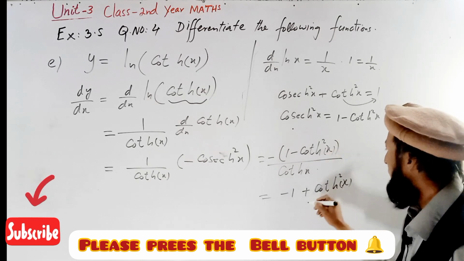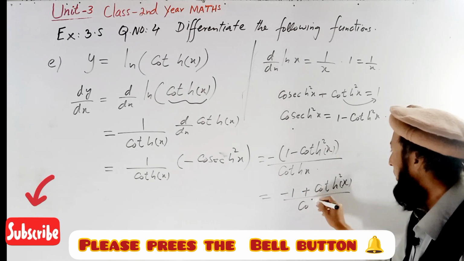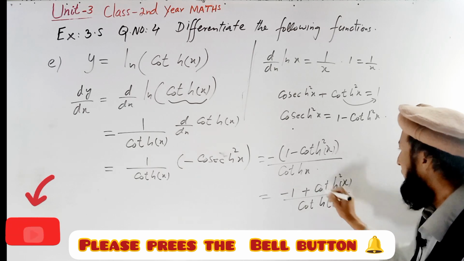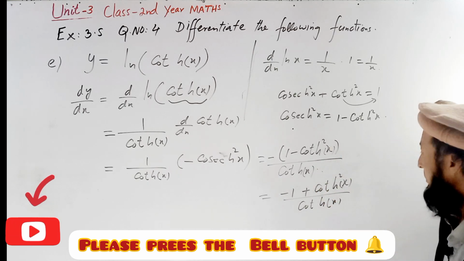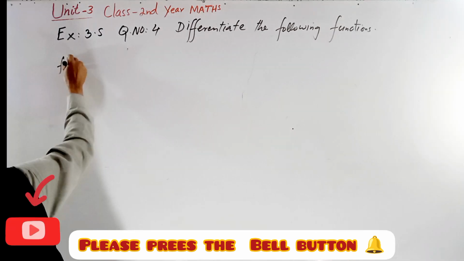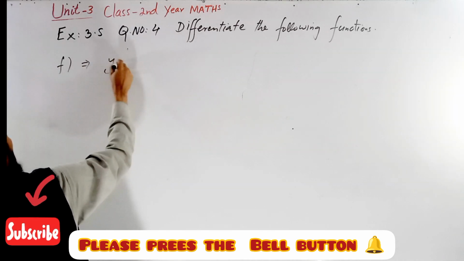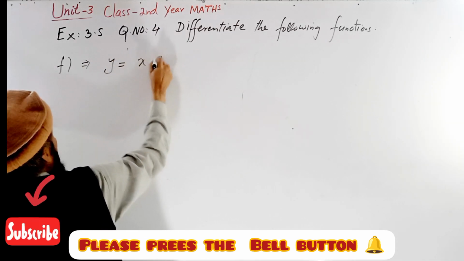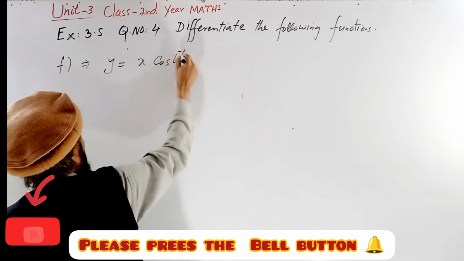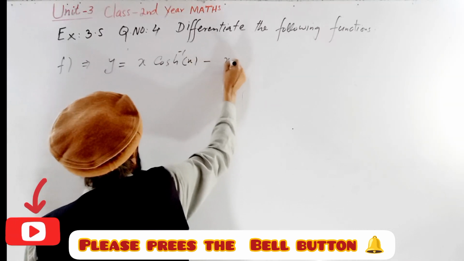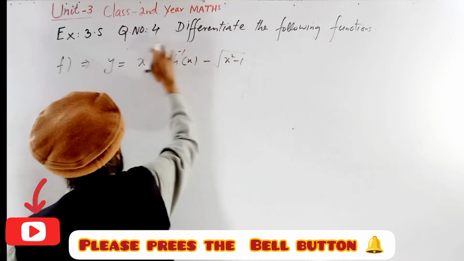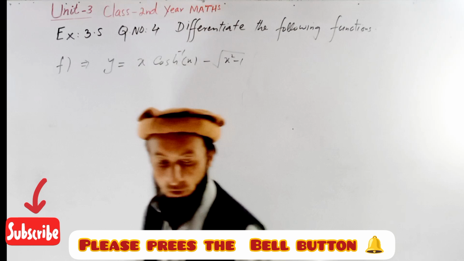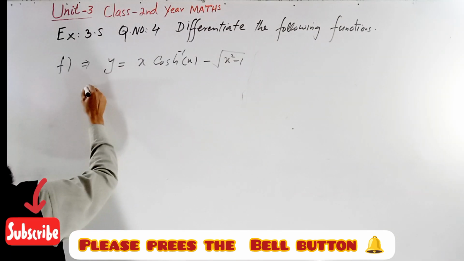We can write this term divided by cotangent hyperbolic x. That is the answer. Next, y is equal to x cos hyperbolic inverse x minus the square root of x square minus 1. Question number 4.